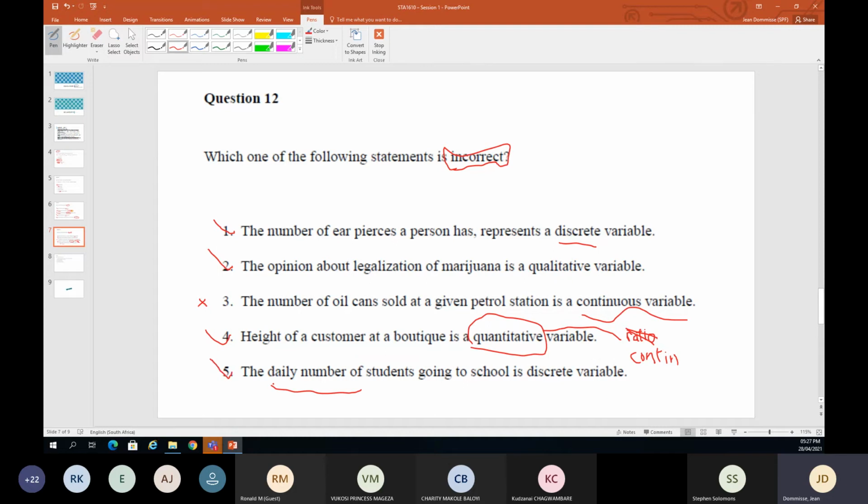So when they say daily number of students, you know exactly what the number will be. But if I'm telling you the kilometers that you have traveled today can be something different from tomorrow, because you can have a different route, and it can be not a discrete variable.